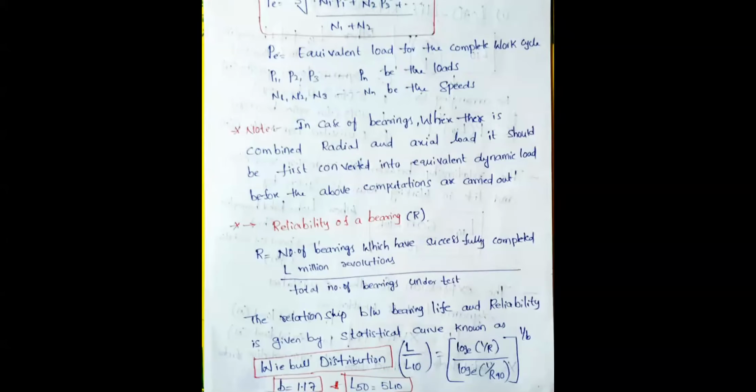Otherwise it is very difficult for you. Again, I am repeating: now we can directly move on to the problems one by one. We'll discuss slowly. The problems are very easy, so please be ready with your calculators.